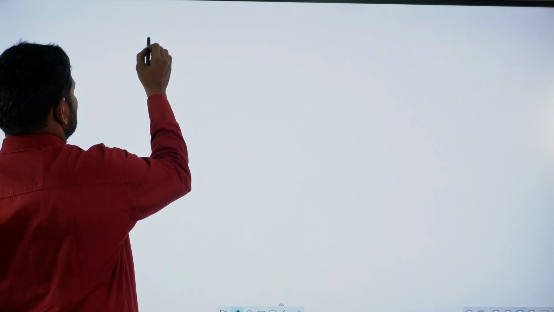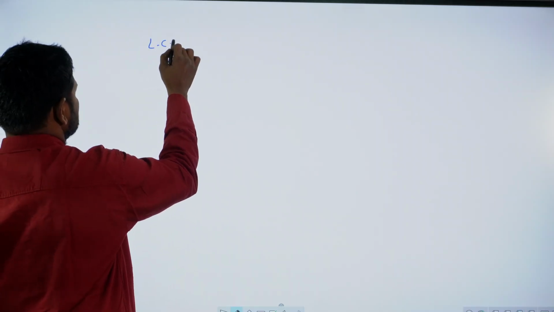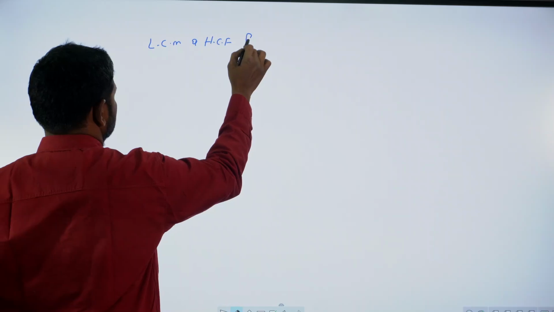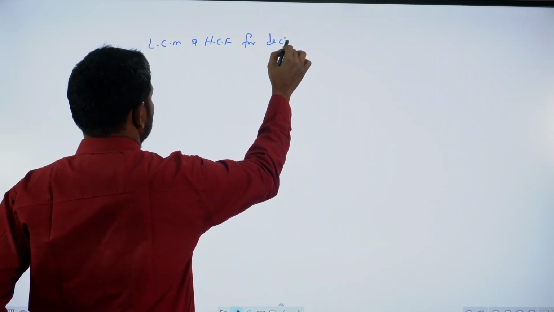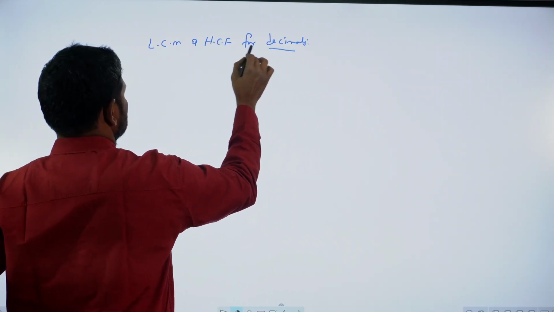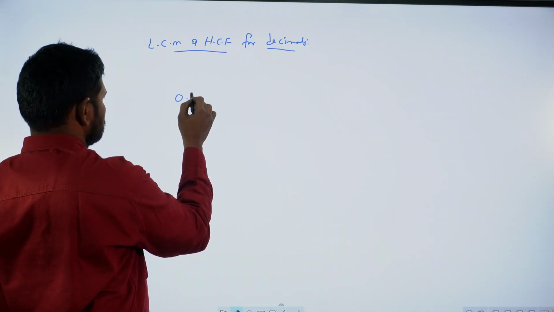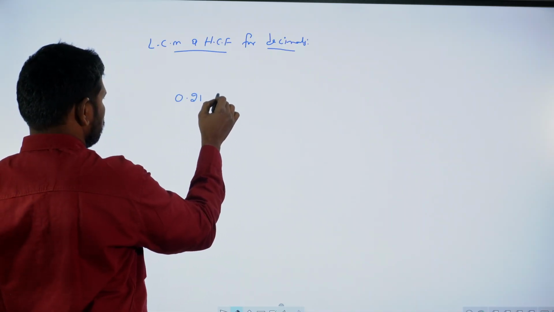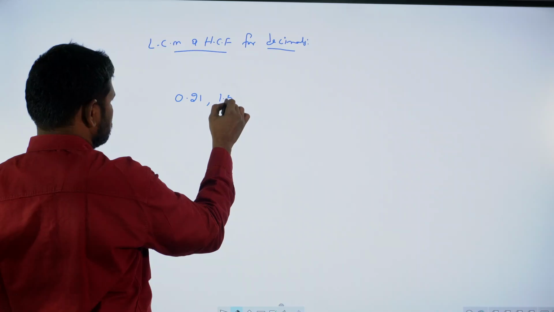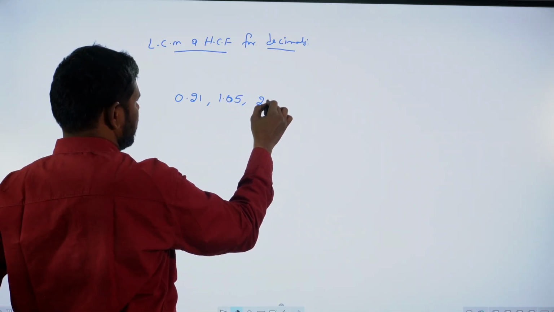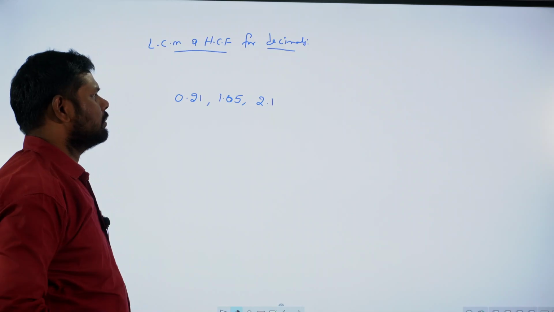Now, LCM and HCF for decimals. Suppose 0.21, 1.05 and 2.1 are the three numbers given. What is the LCM and what is the HCF?